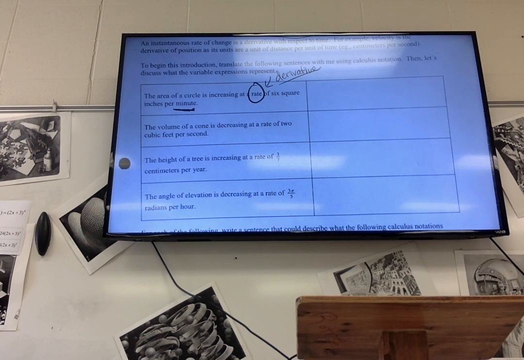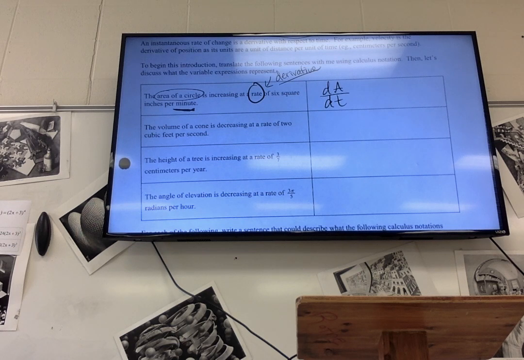So to write that, it's the area of a circle. Now, what variables we use is totally up to us, unless they tell us to use something. But normally the way we write this is dA dt. And that means the rate of the area of the circle. dA is area, and dt is with respect to time.